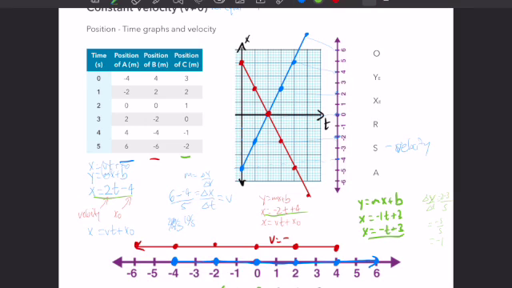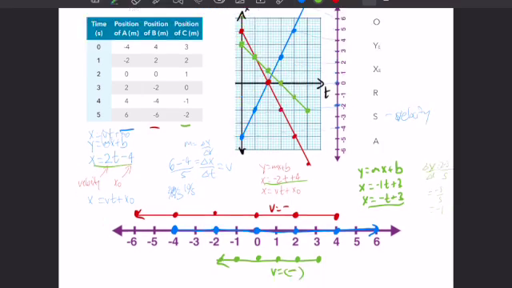Now plotting it on the graph, we started out with a position of 3, then we went to 2, then we went to 1, then we went to 0, and minus 1, minus 2. So we have a negative slope, and we notice it's not as steep.